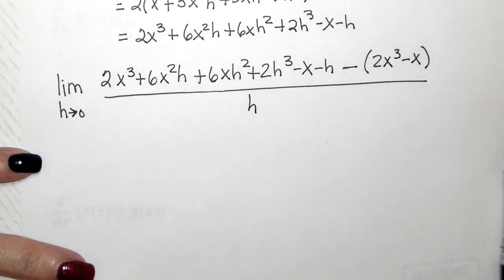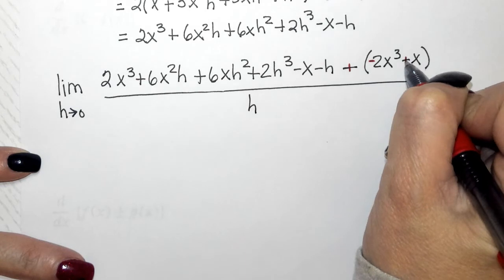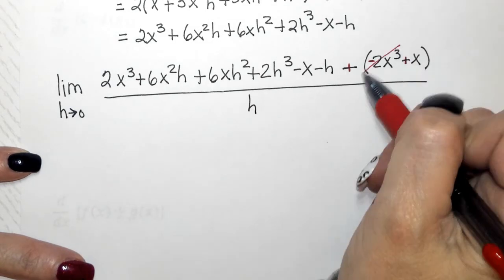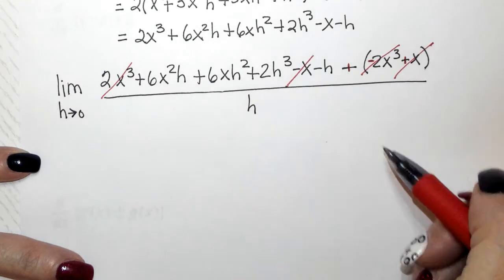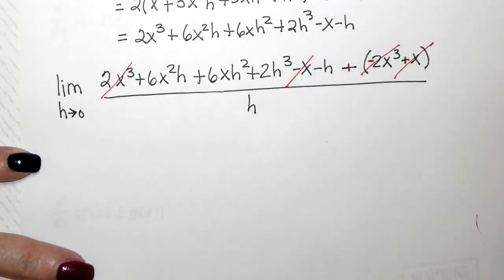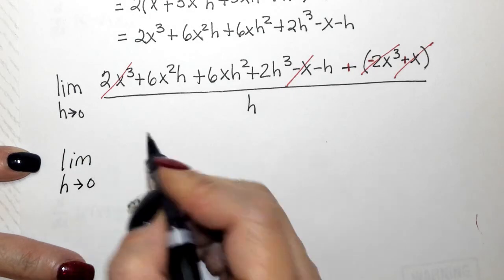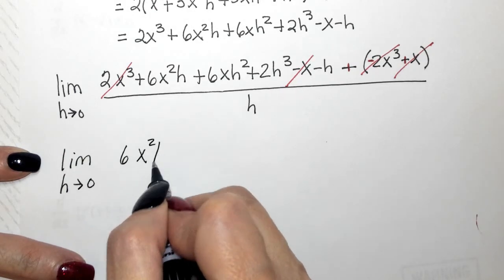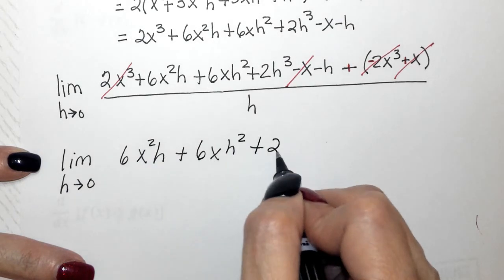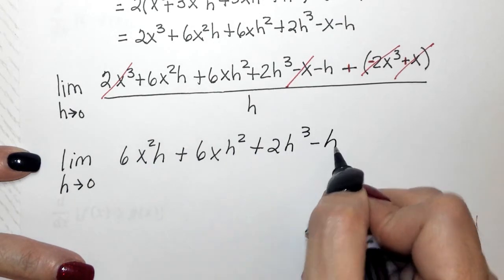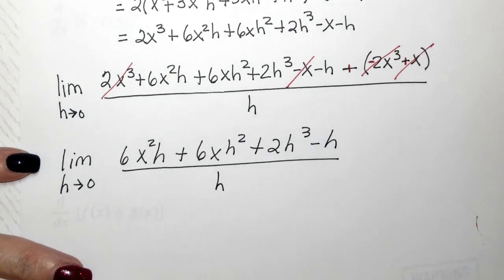Now again, I know that this is going to become a minus and a positive. So 2x to the third is going to cancel out. Positive x and negative x are going to cancel out. So I'm going to end up with the limit as h approaches 0 of 6x squared h plus 6xh squared plus 2h cubed minus h all over h.